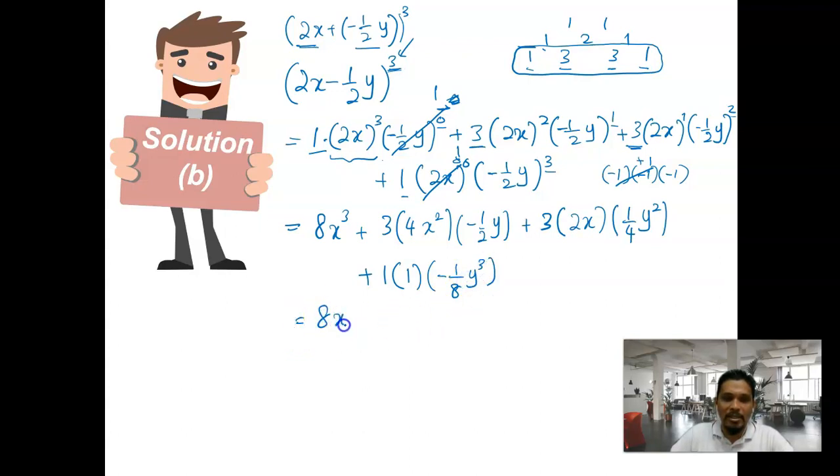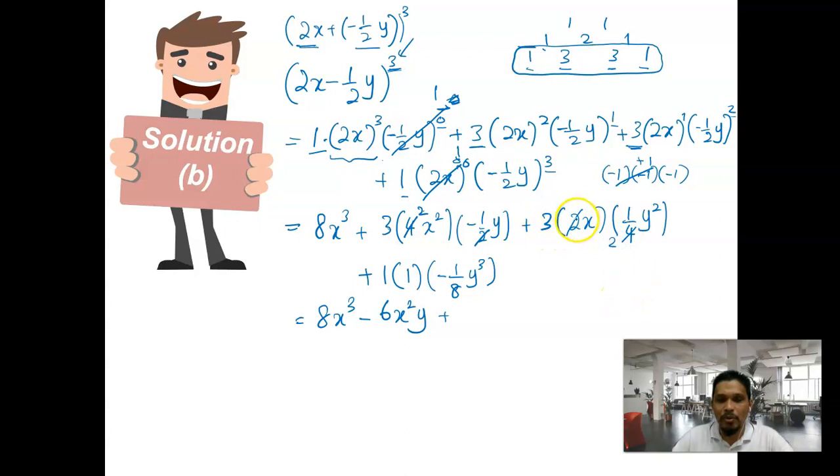Now, let's simplify this. 8x cubed. Okay, 4 divided by 2 equals 2. So, 3 times 2 equals 6. With negative here, minus 6x squared y. Plus, 2 divided by 4 is 1/2.